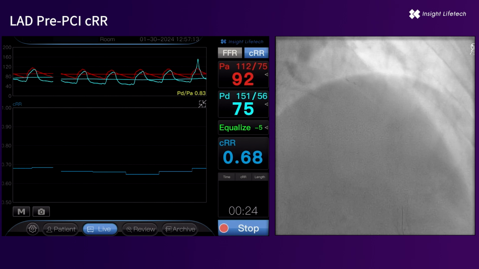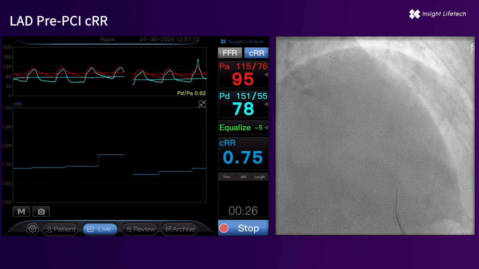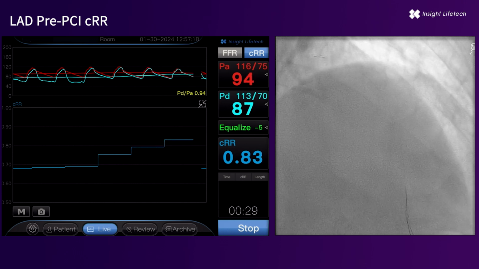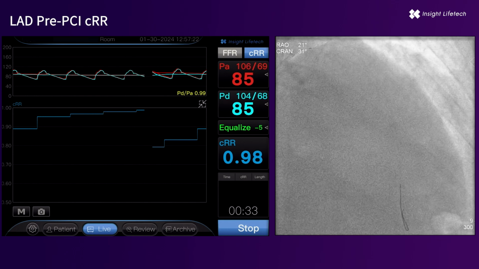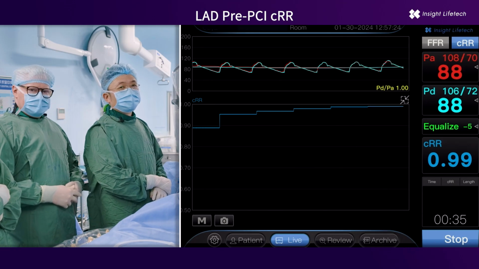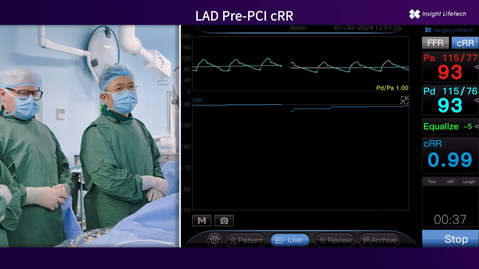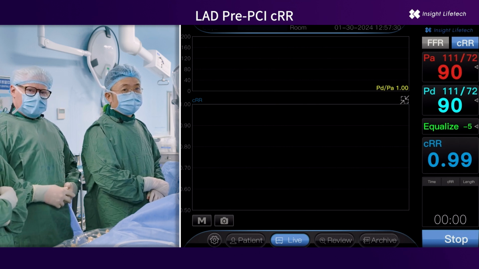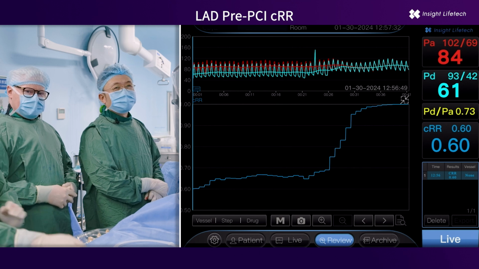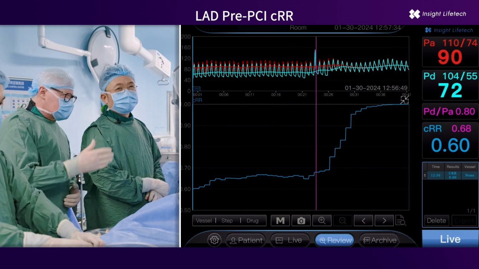The value is still similar. The most significant step-ups are in the proximal part of this vessel. So it's interesting. You see that we have very diffuse disease.